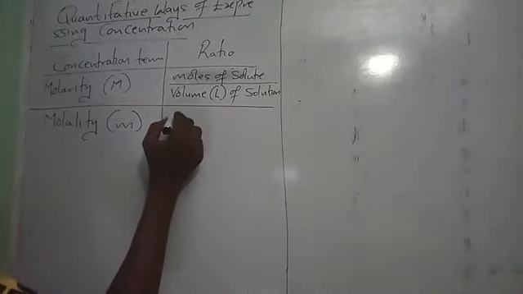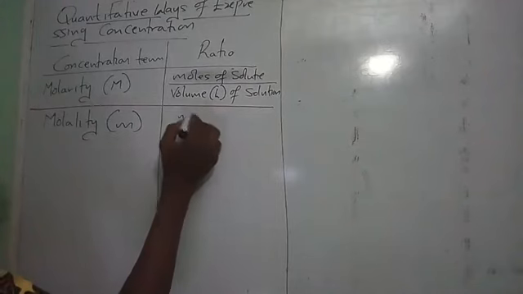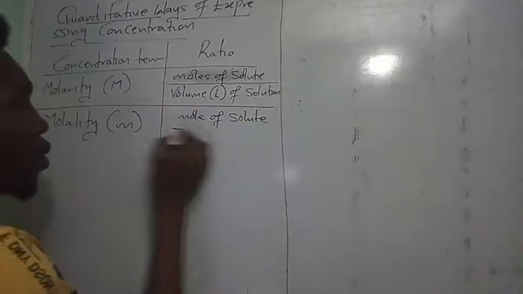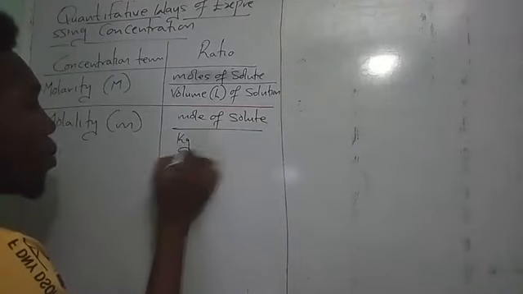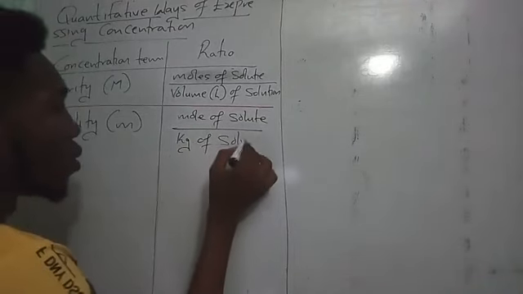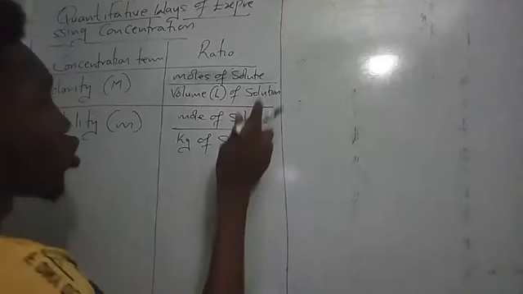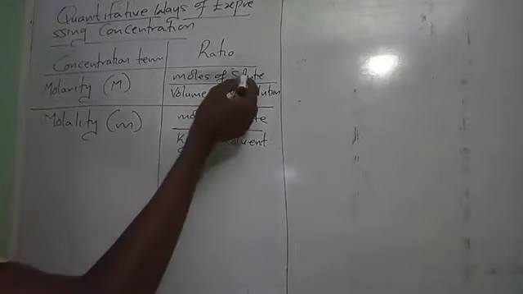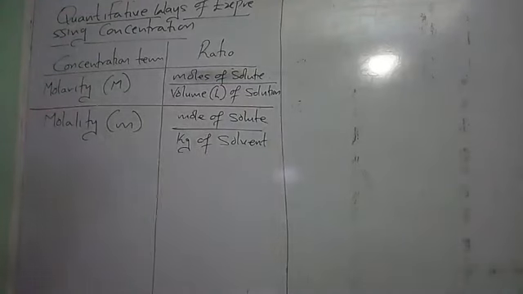So you're having moles of solute over kilogram of solvent. That is usually mole per kilogram, of course. Mole per kilogram, while this one is mole per liter. So that's your molality.